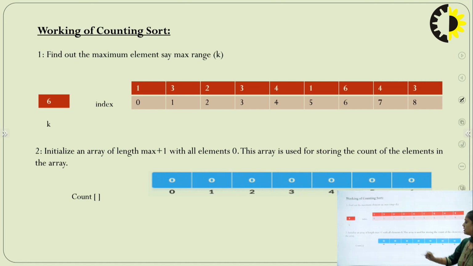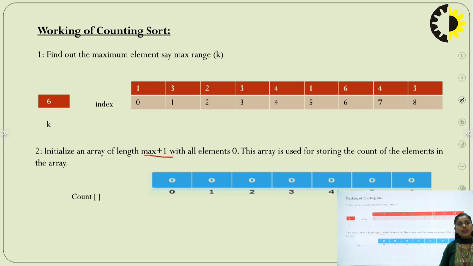Step number 2: initialize an array of length max plus 1. This is the specific range 6, and we are going to create a count array. The index of this array starts from 0 and goes up to 6. As I already said, the length of this array is max plus 1.